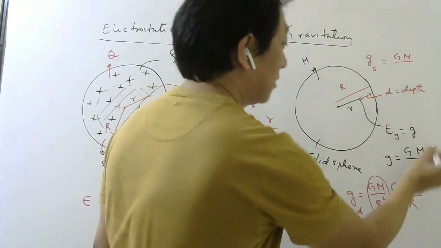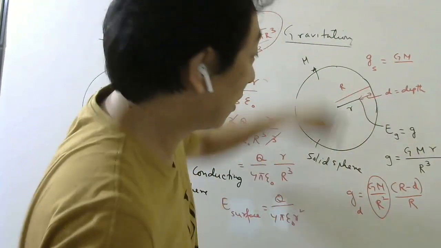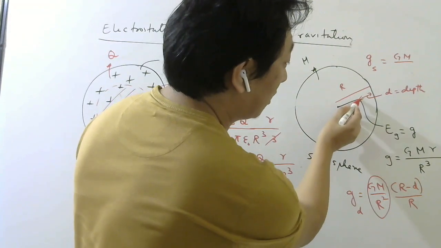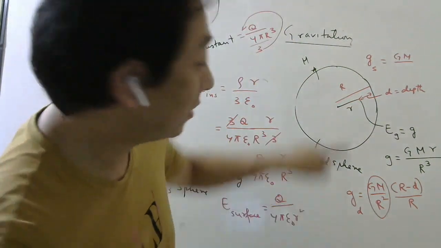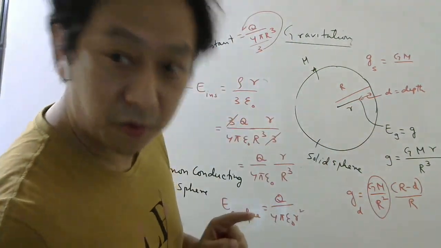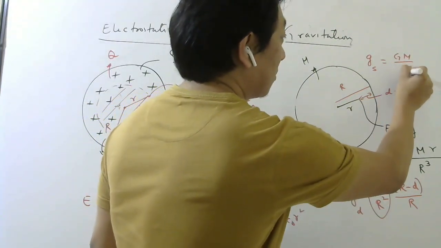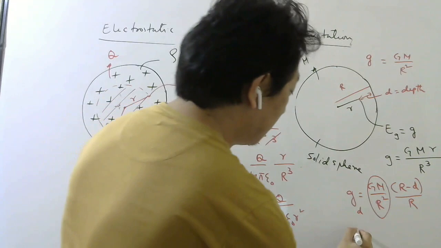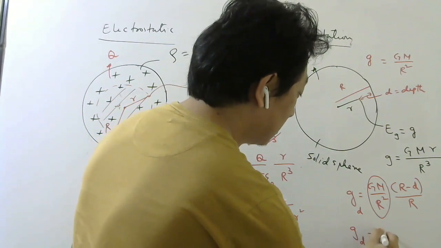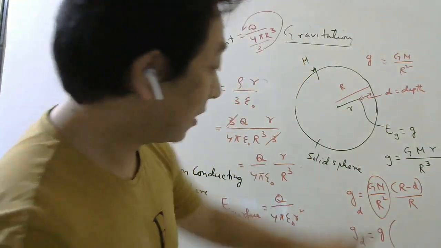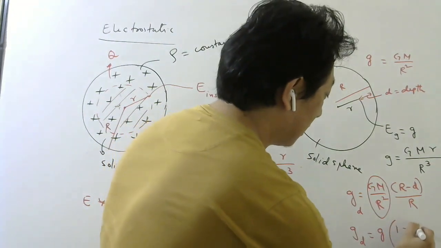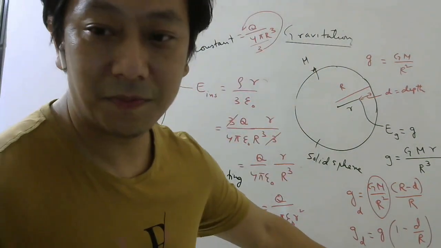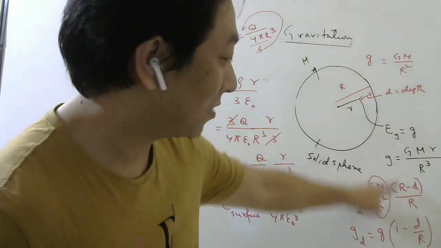Gm by this small r will be capital R. This was for g at a distance r from the center. Okay, so Gm by r square. So g at the surface, we just write g only, right? So Gd will be equal to g, and that R by R is 1 minus d by R. This is the one that you remember in your first PU. Correct or not? It comes from here only. Okay.